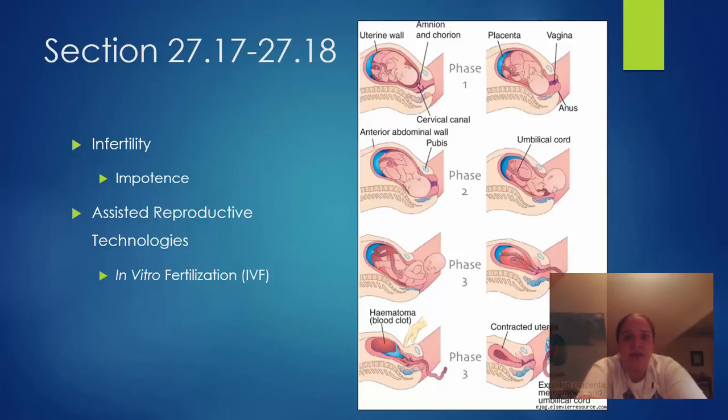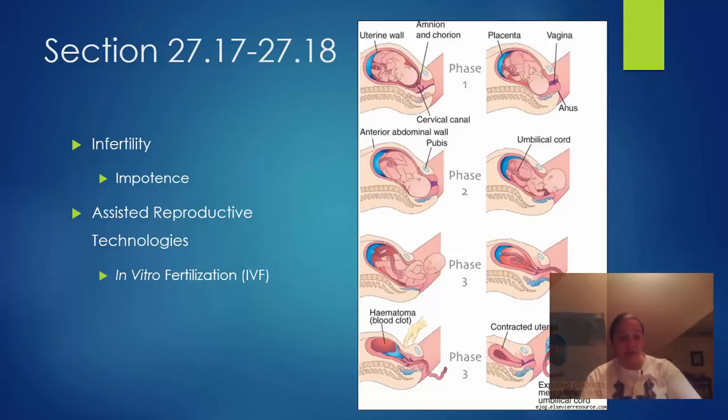Now, in vivo means in life, so it happens inside the woman's body. In vitro means that this happens in a lab. So eggs are taken from the woman's body and they are fertilized in a lab to guarantee a successful fertilization. So sperm is carefully added to an egg or to some eggs in a lab setting.